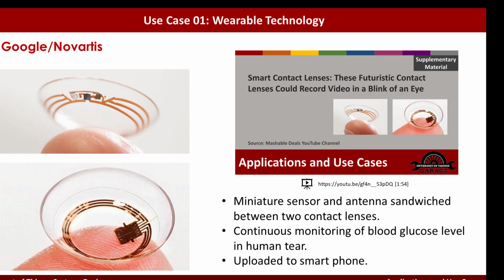They developed a smartphone application where the contact lens sends the glucose level in human tears to the smartphone in real time. So this is useful for monitoring glucose level in the human body in a continuous way, which is useful for patients, especially diabetic patients.